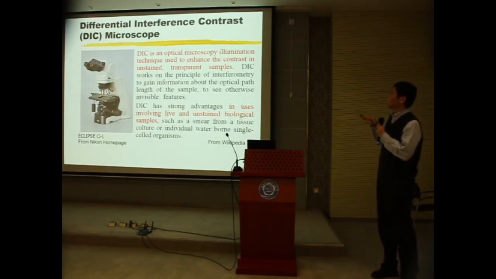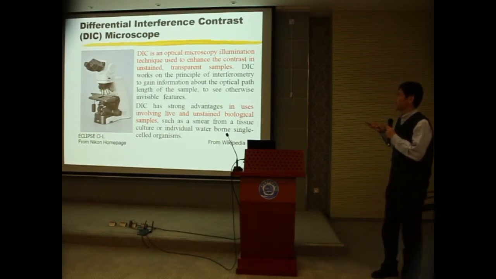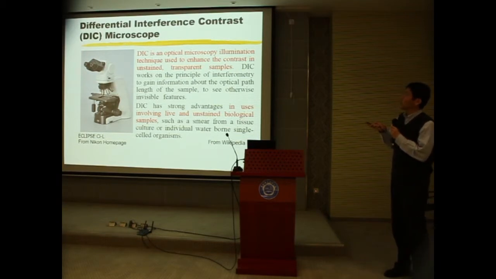Differential interference contrast microscope is a very useful tool because it can be used to enhance the contrast in unstained transparent samples. Therefore, the differential interference contrast microscope is widely used to observe living cells or living tissues or unstained biological samples.